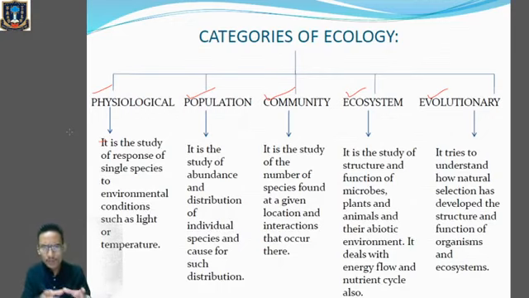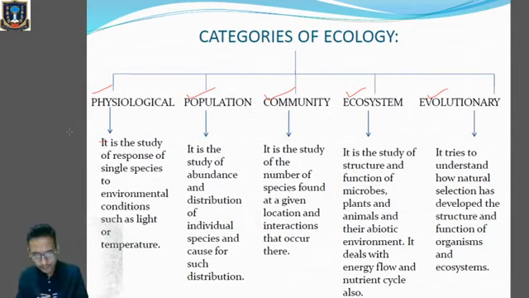So here in population ecology we are going to learn about their abundance and distribution. Not only that, we'll also study the reasons or the causes for the distribution of such species. Why are they abundant in a particular habitat, and what are the factors behind their diversity? We are going to learn it under population ecology.